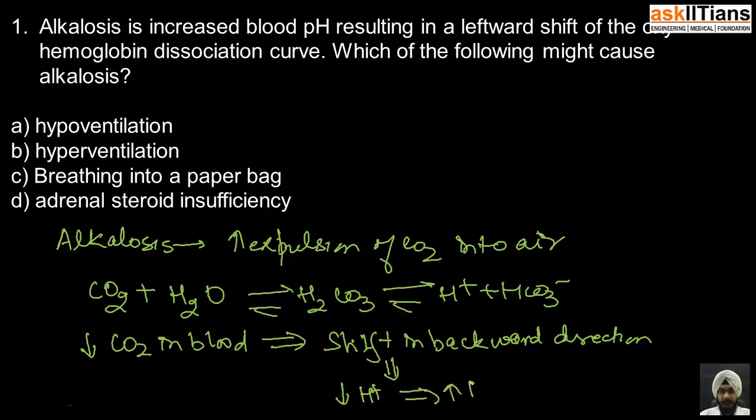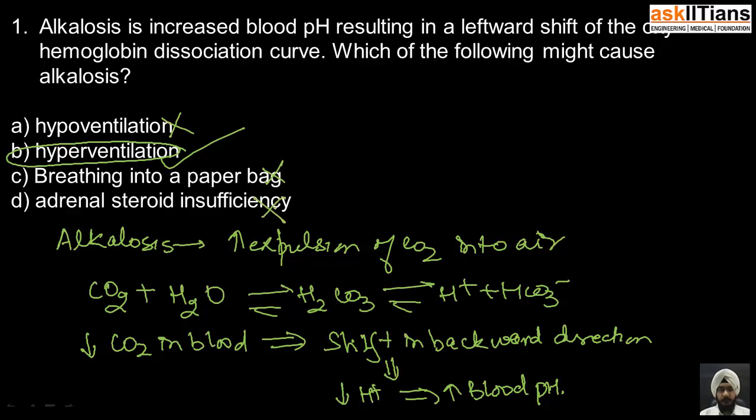Hence there will be increased blood pH. So basically alkalosis is caused by more expiration of CO2 into air, and this condition is called hyperventilation. So the correct option is hyperventilation. Rest of the options are incorrect.